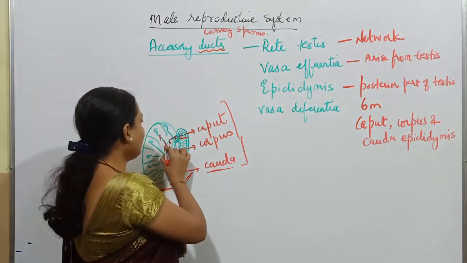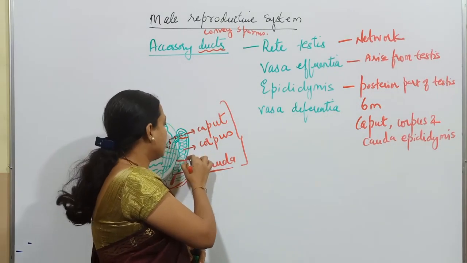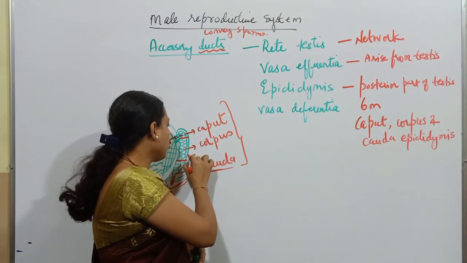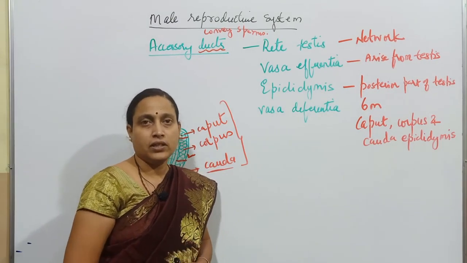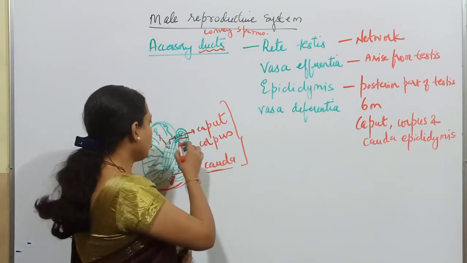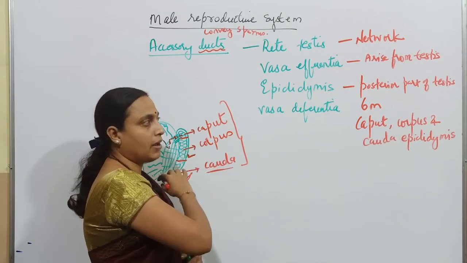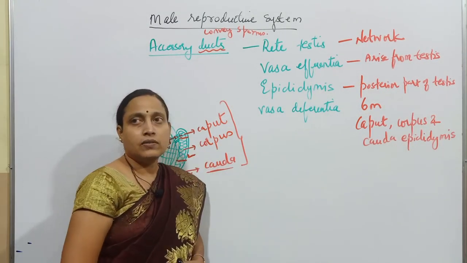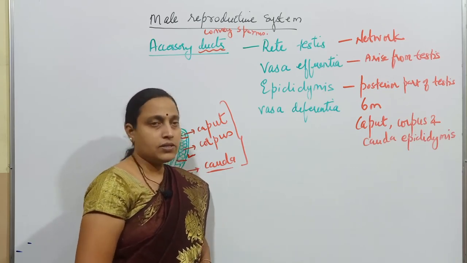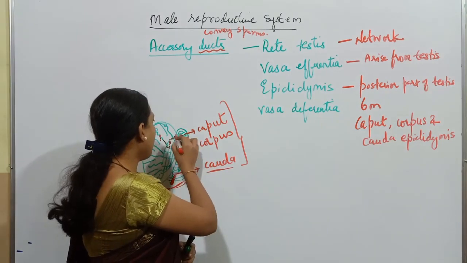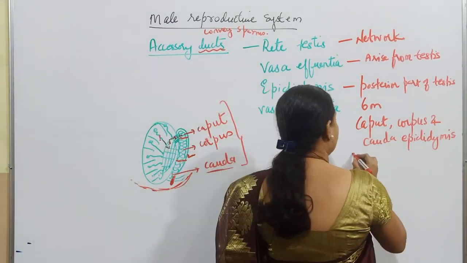Initially the sperm will not have good motility, because the motility of the sperm is first achieved in the epididymis. So most of the movement depends upon the spermatic fluid, the ciliated epithelium, and other functional factors. As the sperm moves into the epididymis, it gets stored there temporarily.